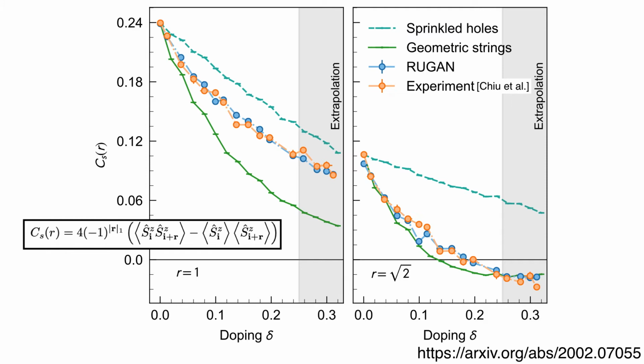Whereas for the Rugan, which again, we're not interpolating on this curve, but actually generating the data and then calculating explicitly the correlation functions, you can see that there's excellent agreement in the extrapolation regime, which is the shaded region on the right, both for the 1 and the 2 particle correlation functions.